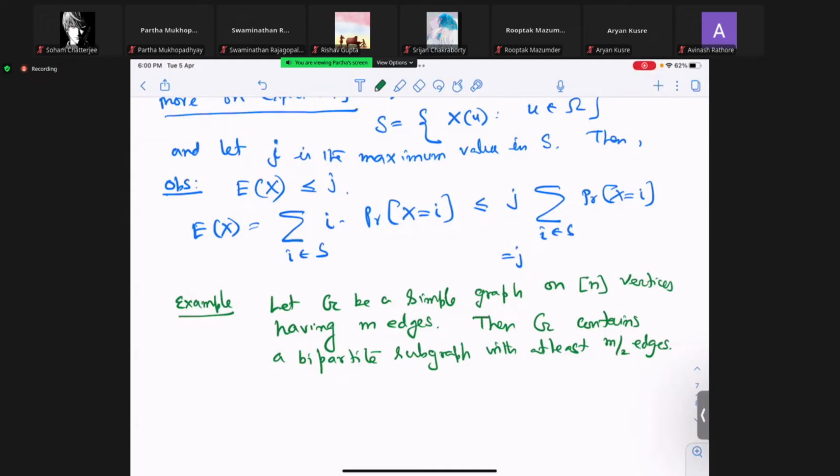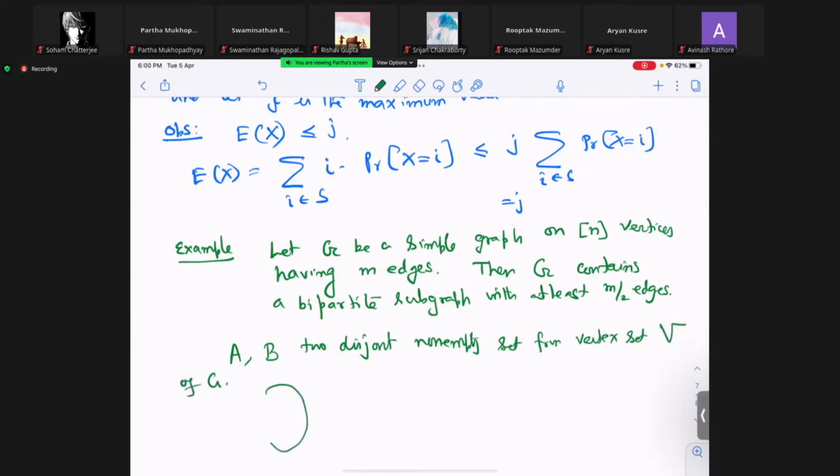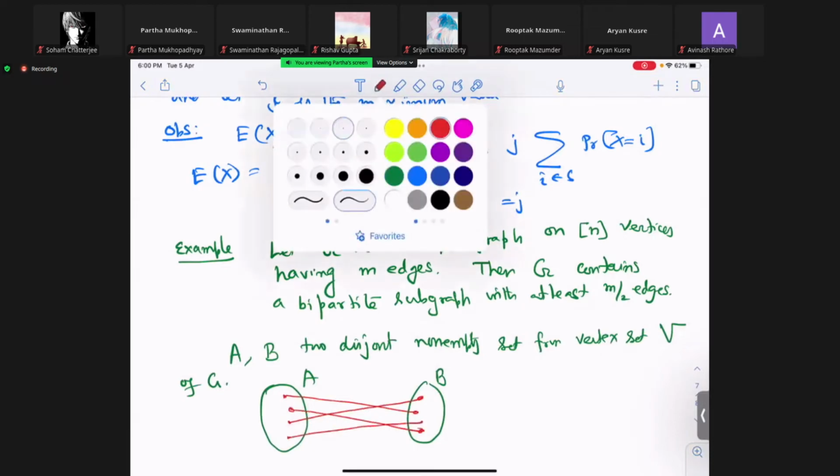That means if I take A and B, two disjoint non-empty sets from the vertex set V of G, and on one side I write A and on the other side I write B, I just look at the edges going across these two sets, and you can ignore the edges going inside these sets.